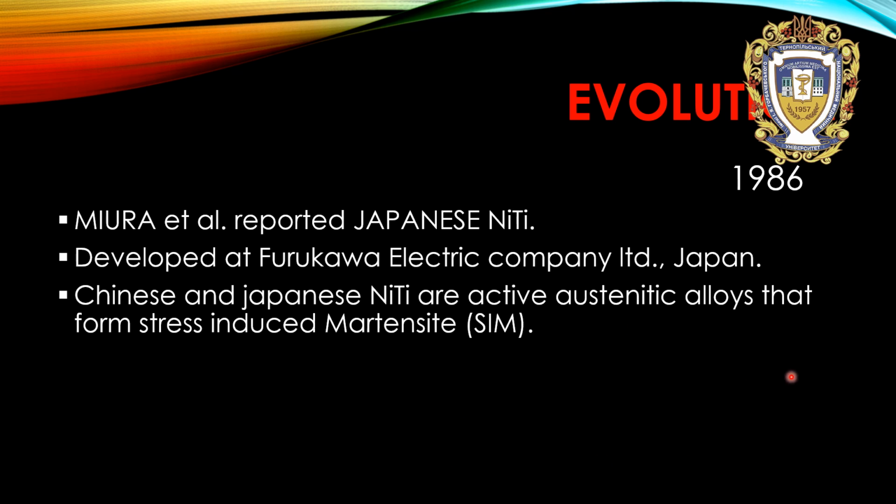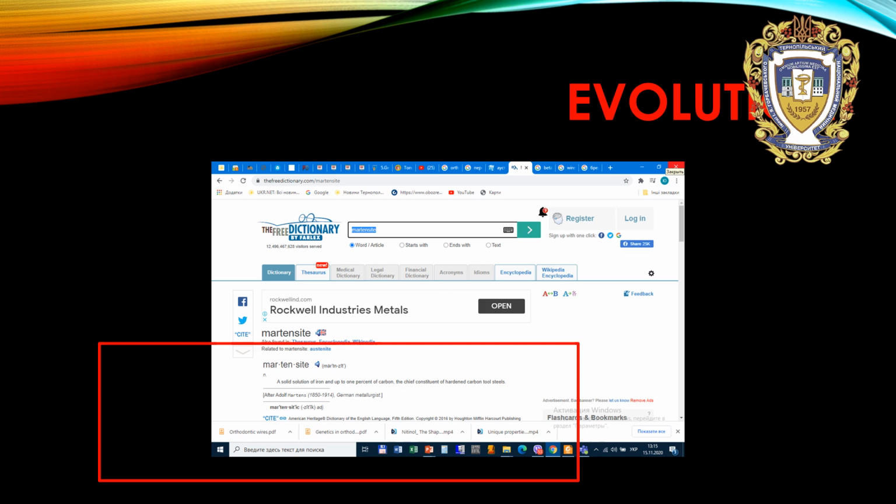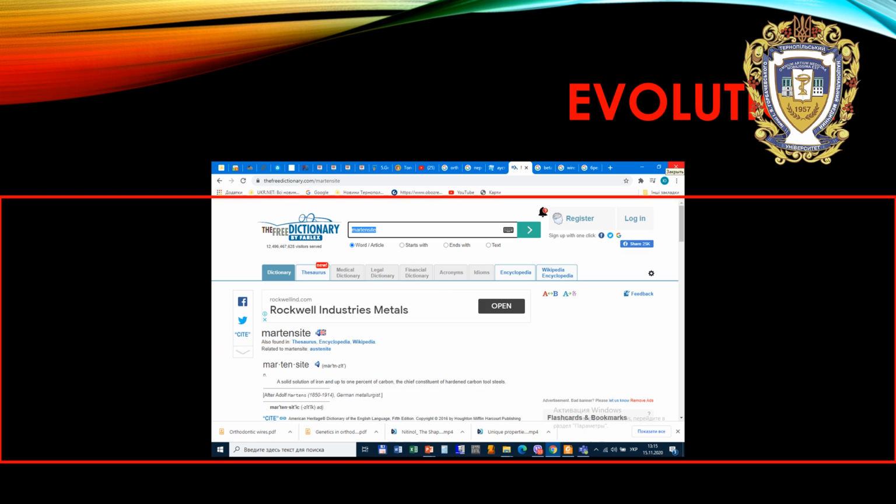Abbreviation: stress-induced martensite, SIM. What does martensite mean? It was named after Adolf Martens, a German metallurgist.